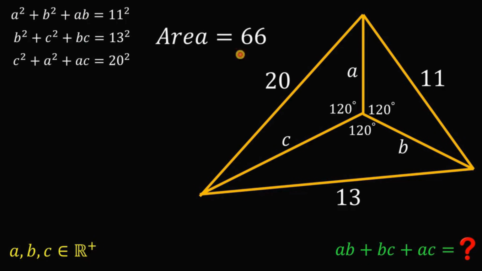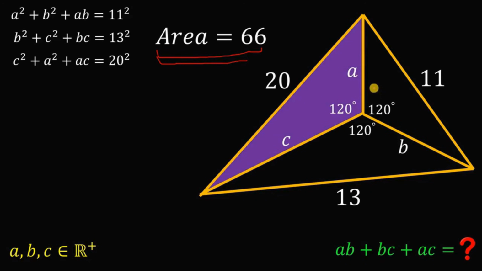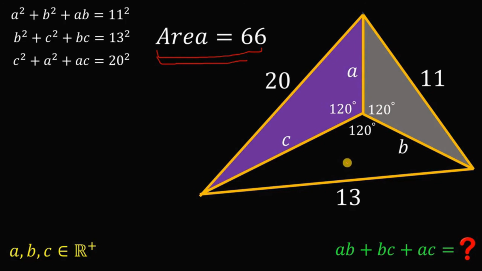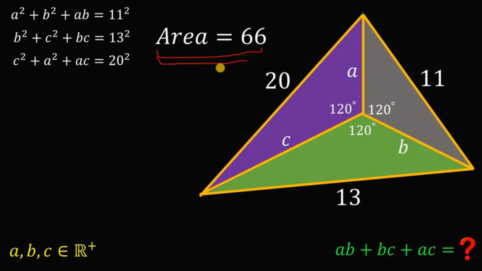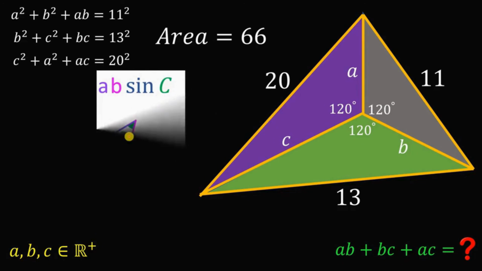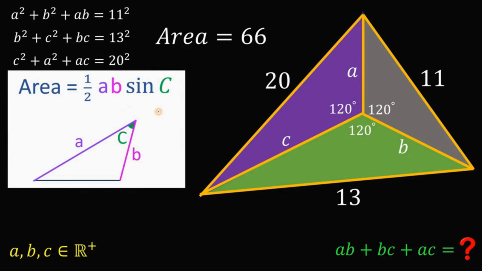Now, how do we use the area to solve for the value of AB plus BC plus AC? The area of this big triangle must be equal to 66, we know that. And if we add the area of this triangle plus the area of this triangle plus the area of the third triangle, this must be equal to 66 also. To find the area of those triangles, we will use this concept: the area of a triangle is equal to 1/2 times AB, this side, multiplied by the sine of the included angle.